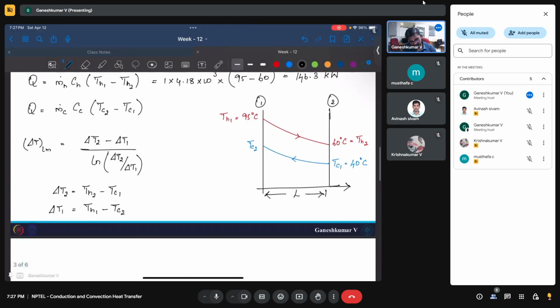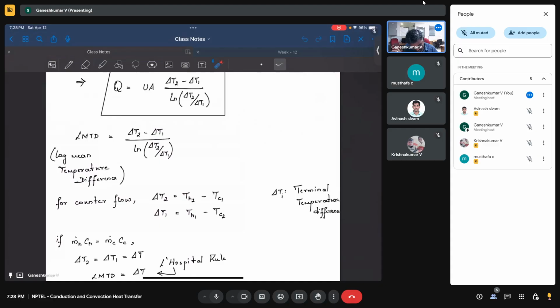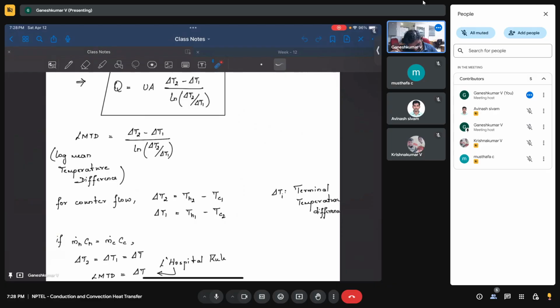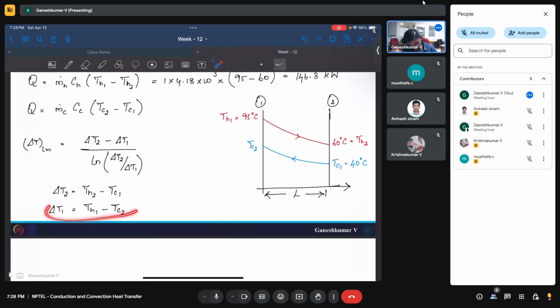So basically, the temperature difference at these two terminals is what we are using. We can find this, but we don't know what TC2 is. First, we should find that.